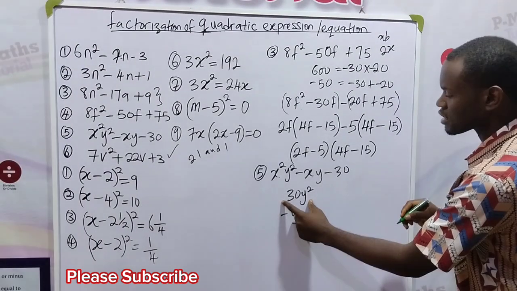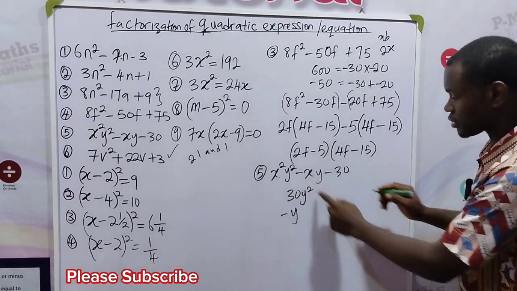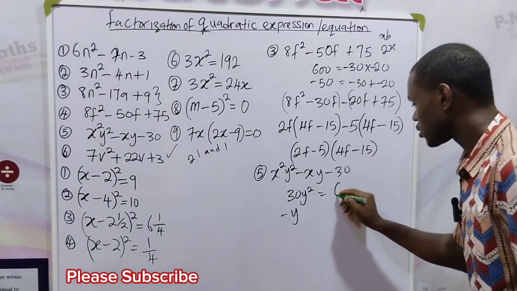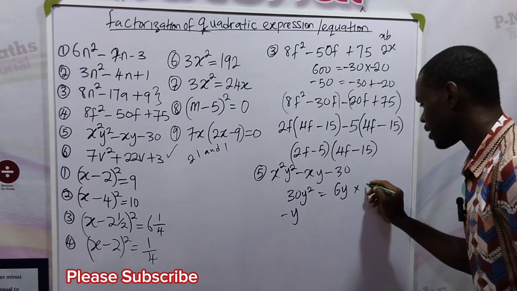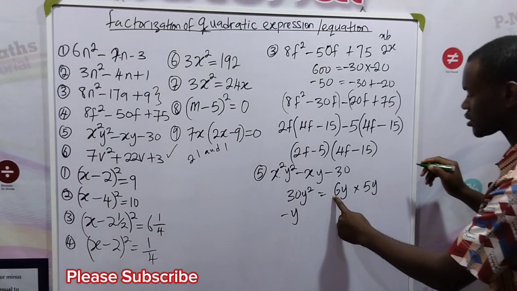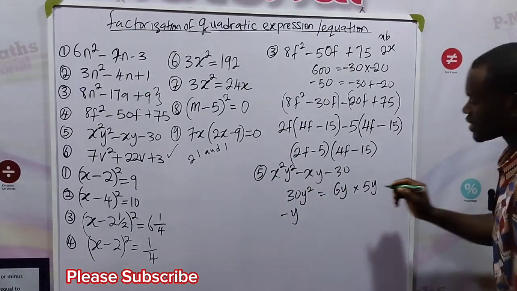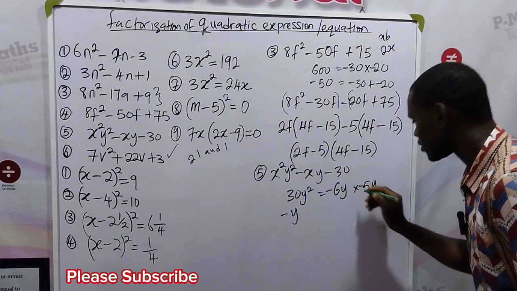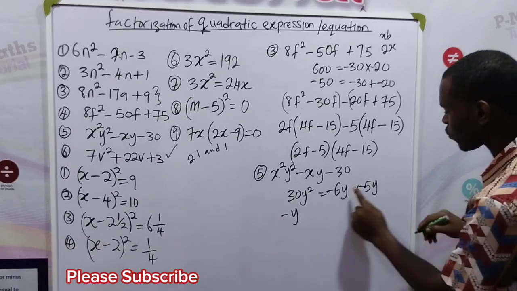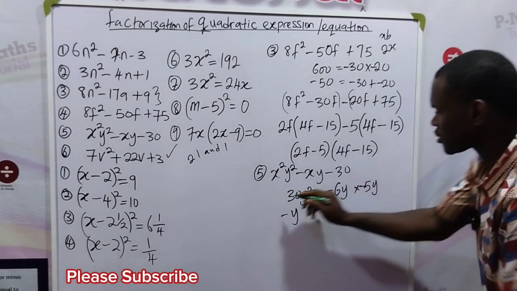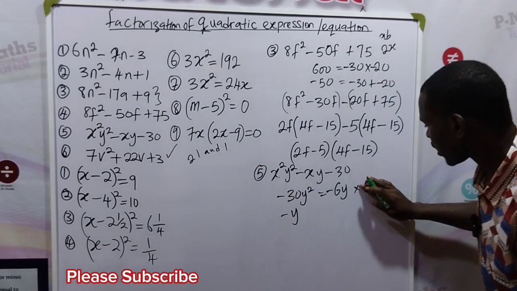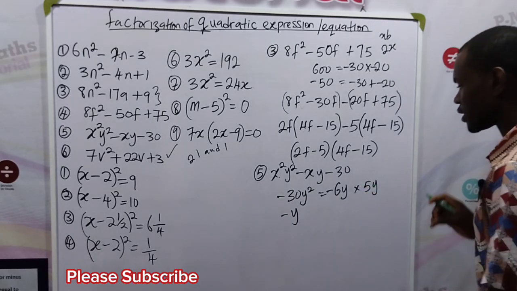So what are the two numbers that when you multiply, you have 30y squared? That has to be 6y times 5y, because 6 times 5 is 30, y times y is y squared. Now, this is minus 30, so one has to be positive, one has to be negative.